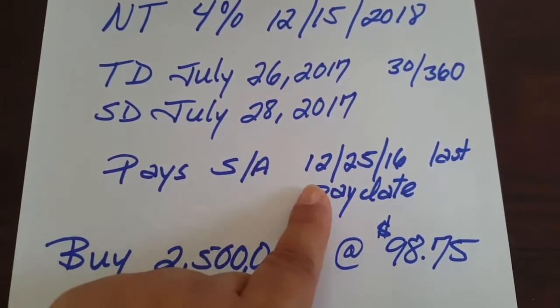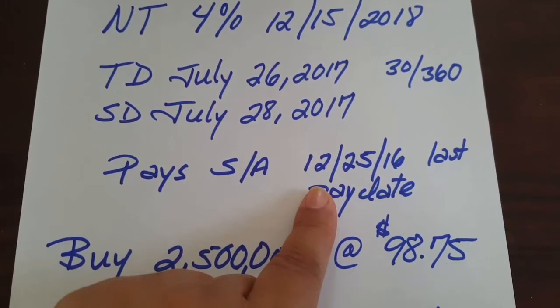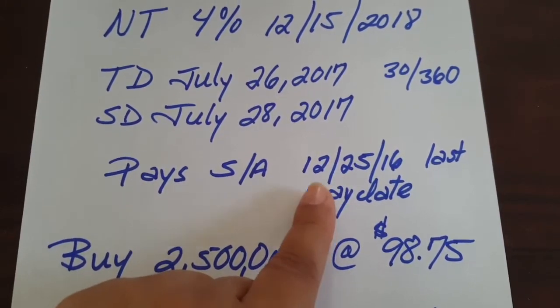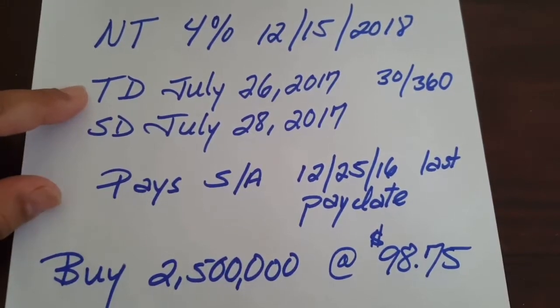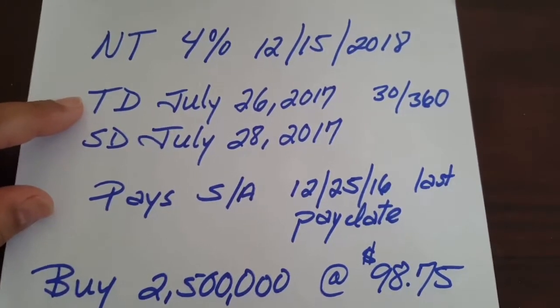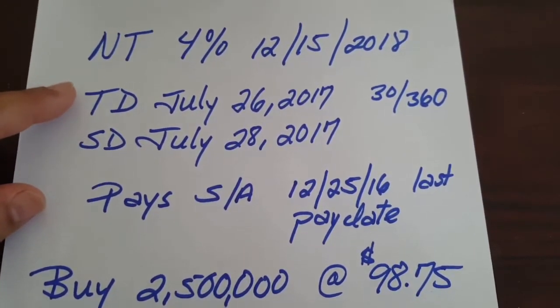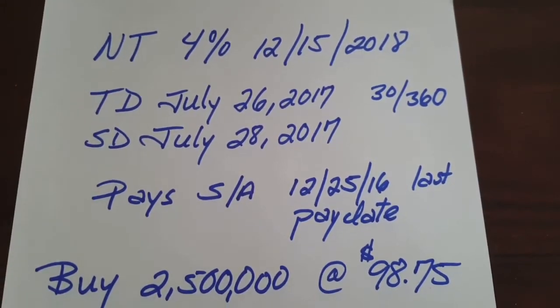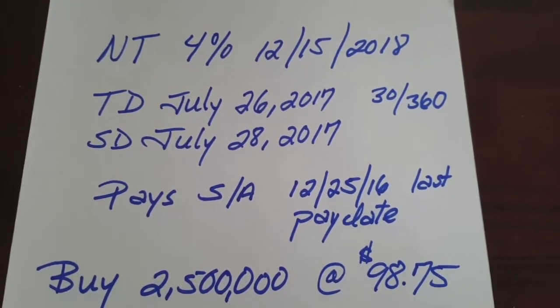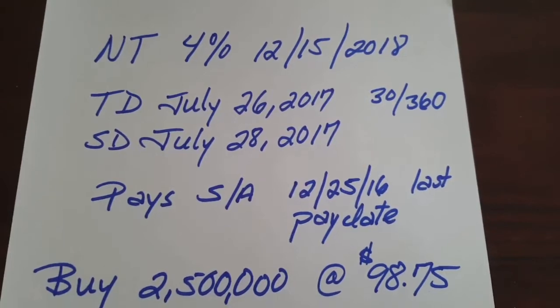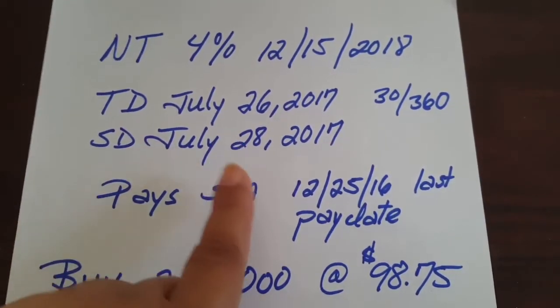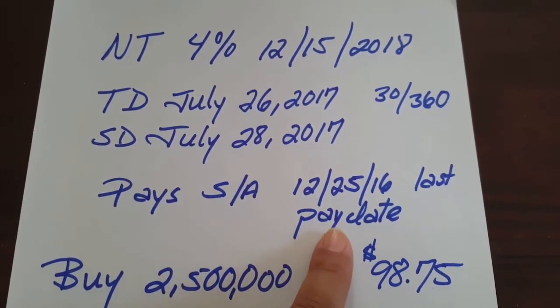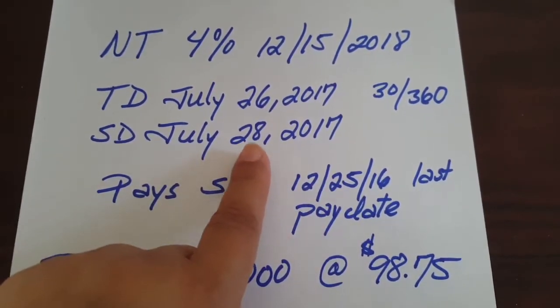So every December 25th and every June 25th. So June 25th happens to be the closest date to my trade details. So in order to calculate the number of days in the period, I'm going to go from the last time that this bond paid through settlement date minus 1. So I'm going to go from June 25th through July 27th.